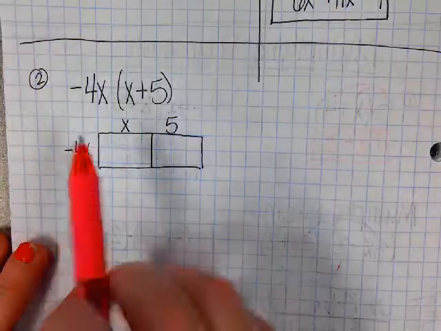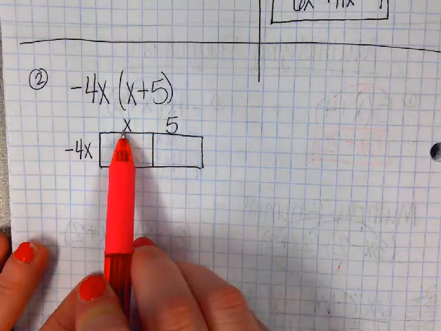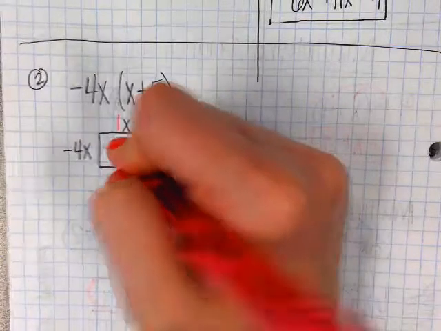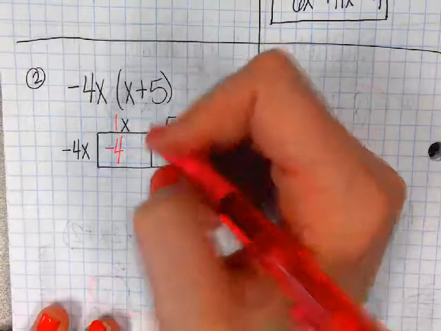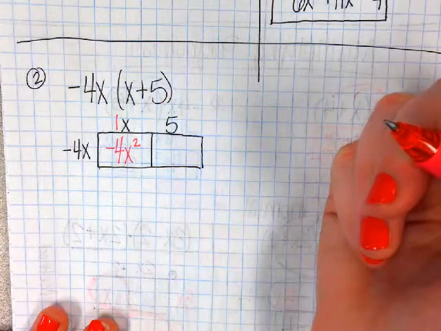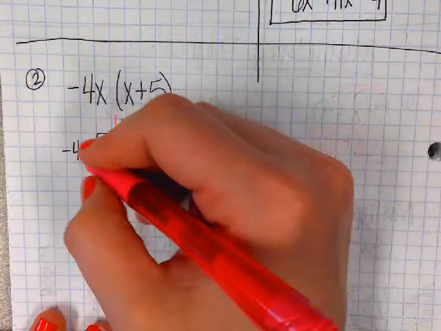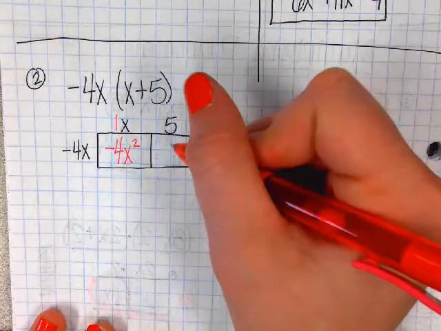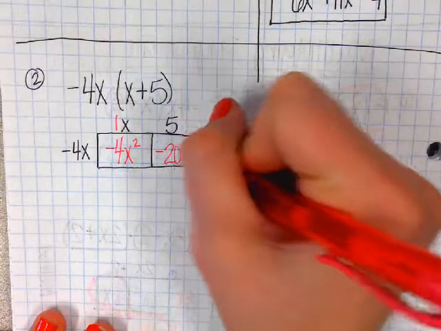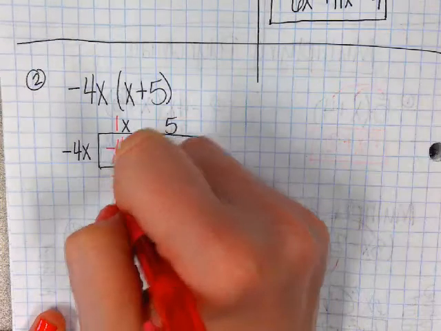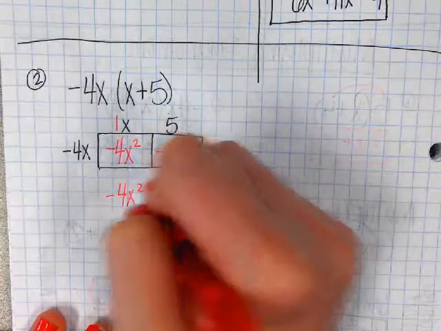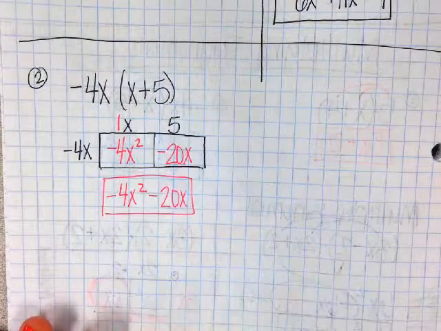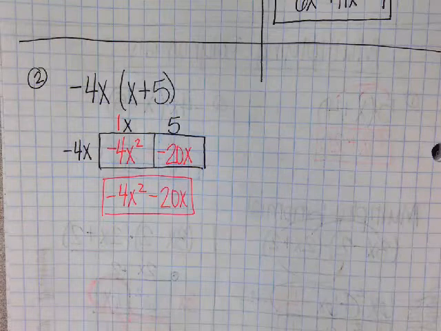So it's negative 4x and then x plus 5. What's negative 4x times x? What's negative 4 times 1? Negative 4. x times x? x squared. And then negative 4x times 5. 4 times 5 is? 20. So it'd be negative 20x. So your answer would be negative 4x squared minus 20x.